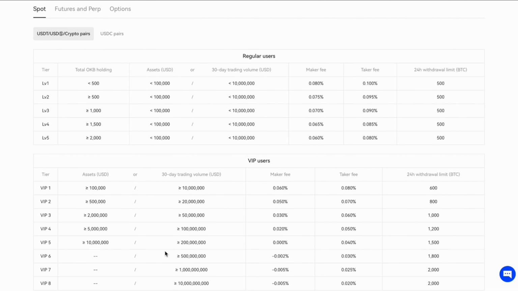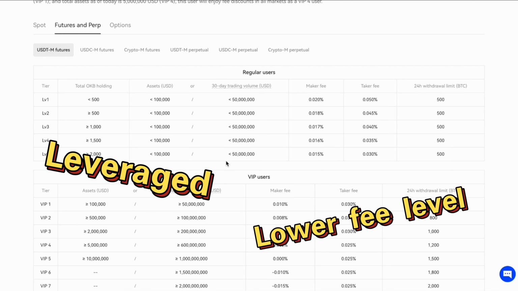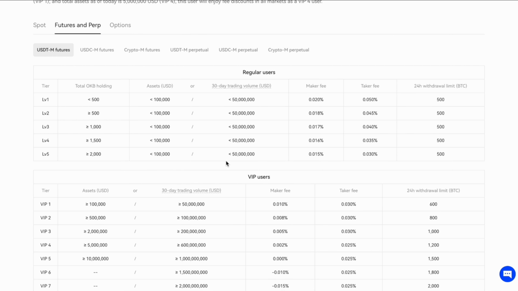How about future trading? The OKX holding requirements and asset balance requirements are the same as for spot trading. However, the volume requirements are higher in future trading, which makes sense as future trades are usually leveraged and also have lower fee levels. The ratio of spot versus future volume requirement is roughly 1 to 5 at OKX, which is rather at the lower end.